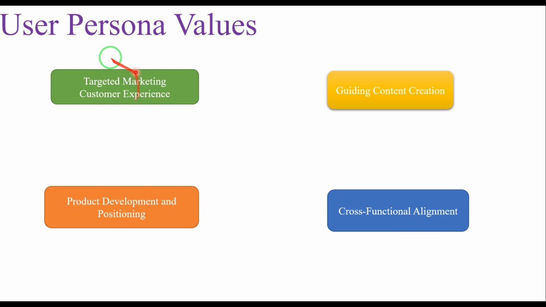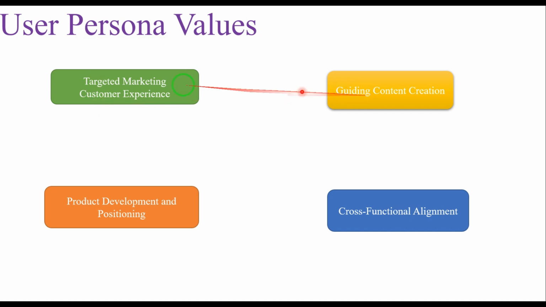In addition, by understanding the typical interactions and expectations of each persona, marketers can create a more personalized and satisfying customer experience. So the first and most important value of having a user persona is targeted marketing and customer experience.